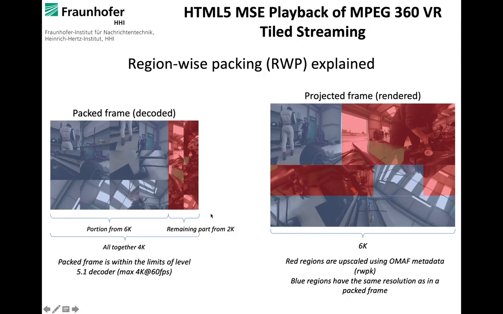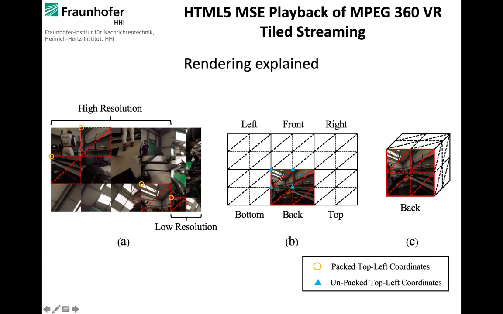The rendering part of this demo is using region-wise packing information from OMAF, which is also stored in the MP4 file. This tells the renderer how to process the image, how to unpack this packed frame back to a cube map. This slide shortly demonstrates how it's done to put it back on the cube.